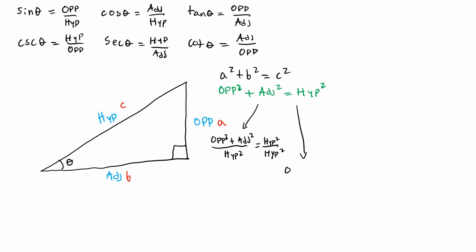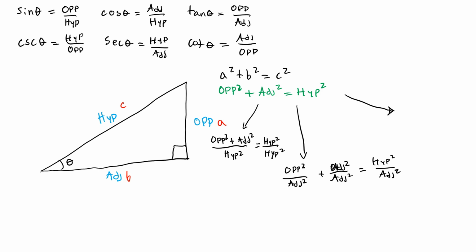So we get opposite squared over adjacent squared plus adjacent squared over adjacent squared equals hypotenuse squared over adjacent squared. Okay, think about that.